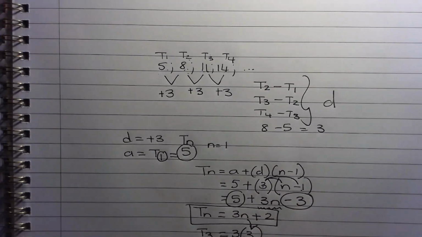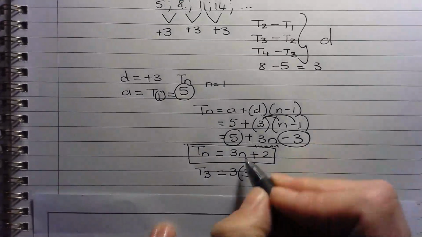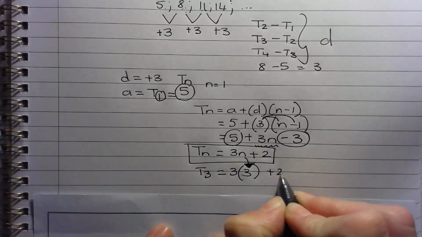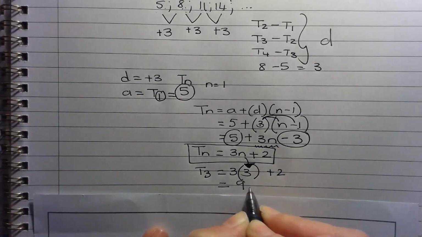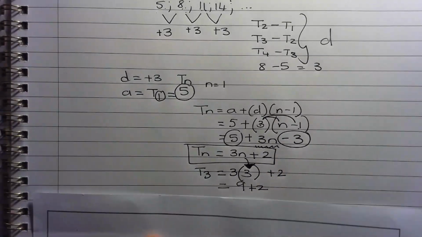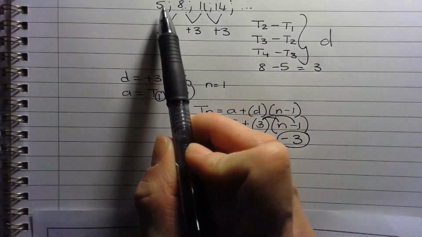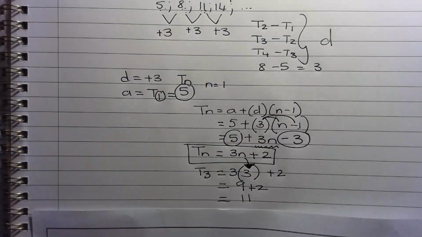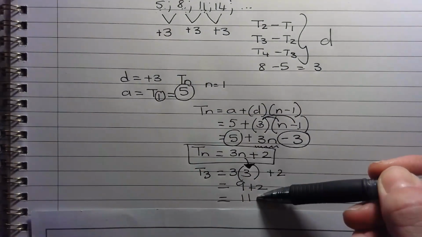I want to know what the third number is going to be, so n is 3, plus the 2. I've just put it into the formula. 3 times 3 is 9 plus 2 gives us 11. If you look at the original pattern, the third number is 11. So our formula gets us back to the correct number.